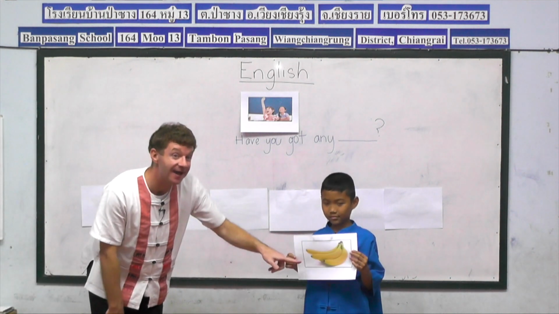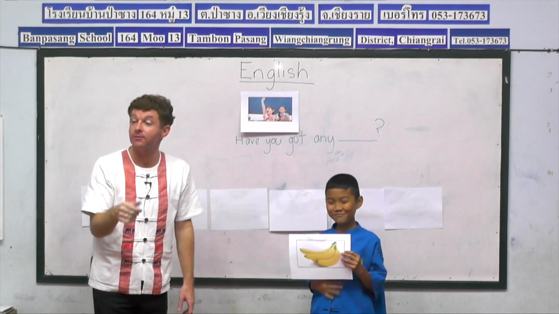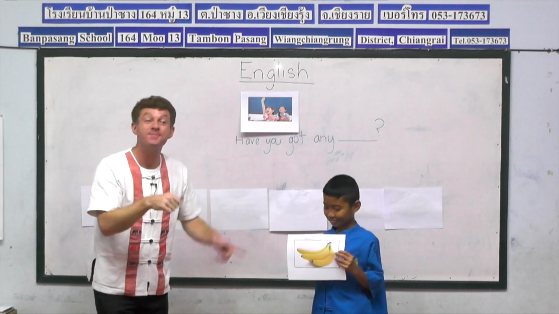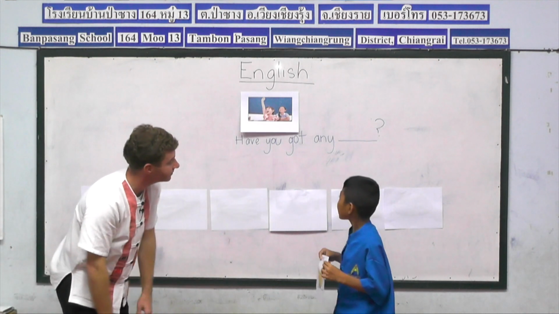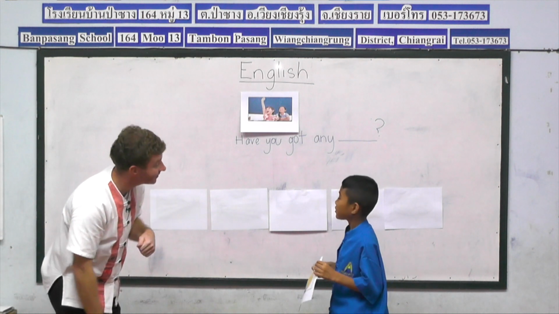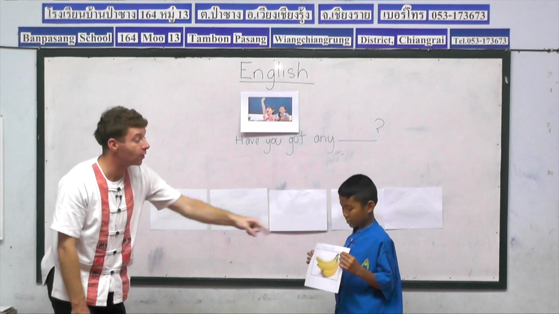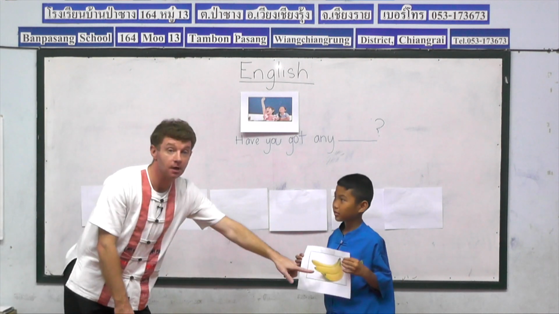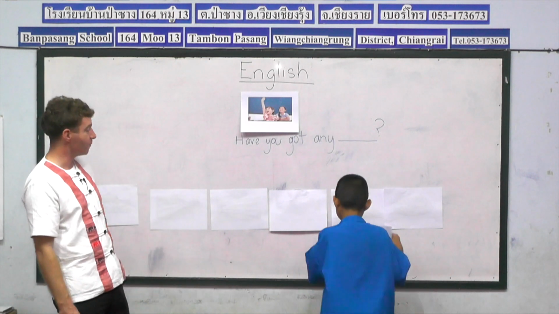So what do we say, guys? Yes, we have got some bananas. So Bangpon, have you got any bananas? Any bananas? And you say, yes, I have got some bananas. Perfect. And then that can go back on the board.